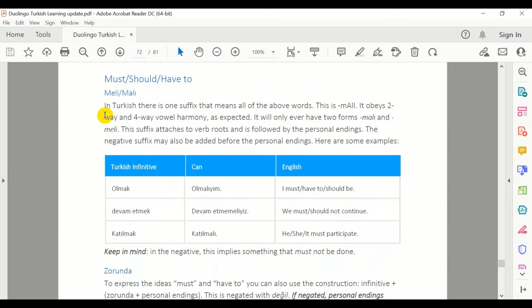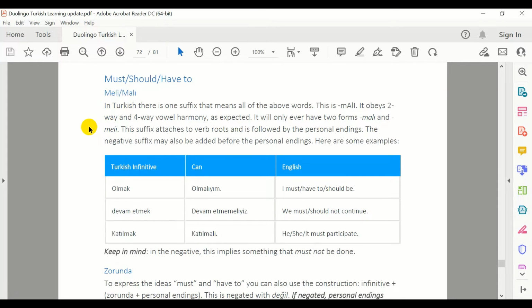Now, this suffix has some special structures as well that you might see in different texts, so you should be familiar with them. Right now, even if you do not learn different structures, only with this suffix you can convey this idea. You have already learned zorunda as well, so you can convey the idea with zorunda too, and you can bring some changes to this structure as well.